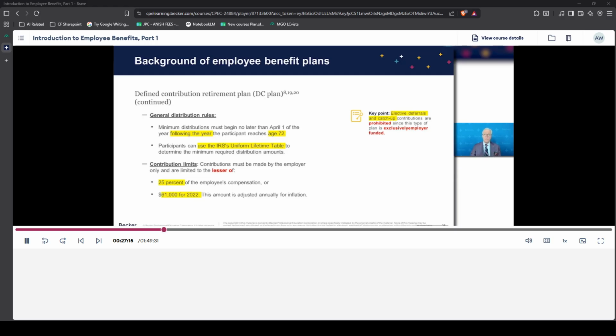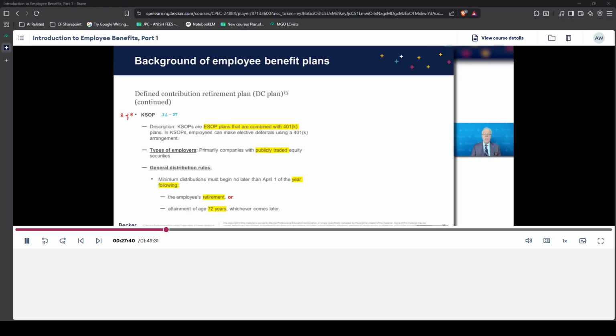And remember, once again, you're going to be looking at the lesser of those two. Now, elective deferrals and the catch-up contribution are prohibited since the type of plan is exclusively employer funding. That's why there isn't an additional $6,500. It's the employer who's making the contribution, not the employee who's deferring it from their income. That's why there's no catch-up here.